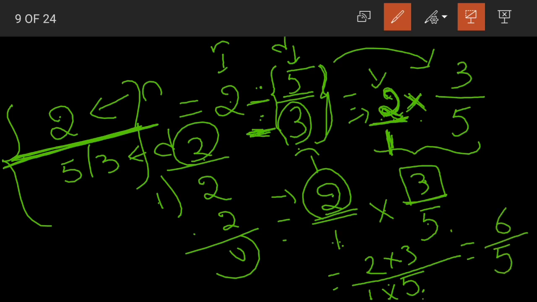So we converted this complex fraction 2 by 5 by 3 into a simple fraction, which is 6 by 5. I hope this was clear.